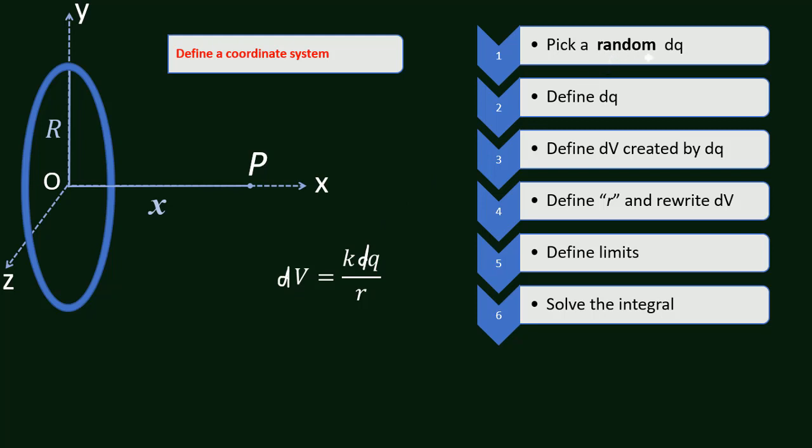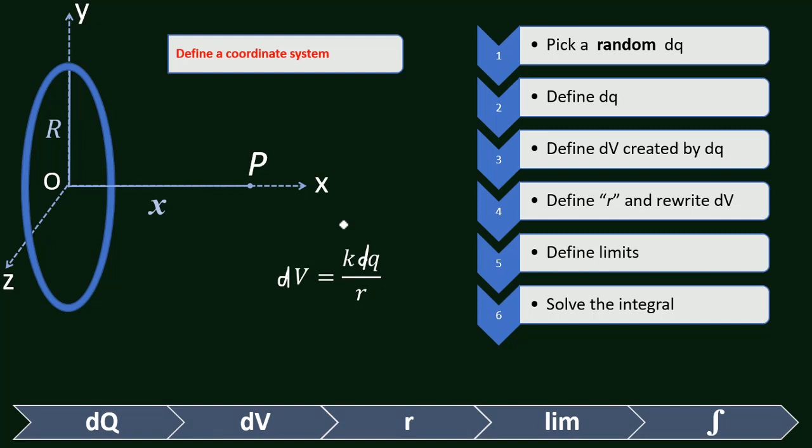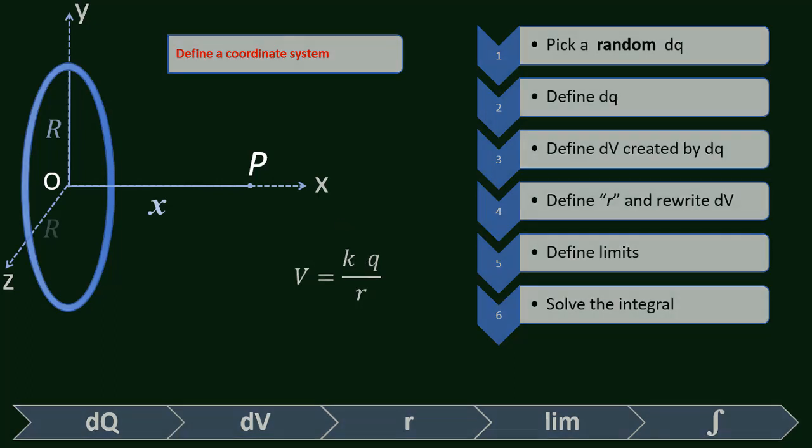Hence, our first step is to pick a random dq on our charge distribution, rewrite it in terms of charge distribution, lambda, sigma, rho, rewrite our dV, and dV has this r in it, which we have to define. And then finally, we're ready to integrate after defining our limits, which determine where the charge lies on our coordinate system. So again, let's have a summary of steps down below to guide us through the exercise.